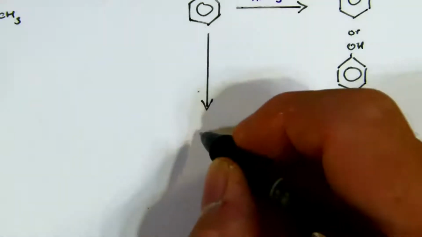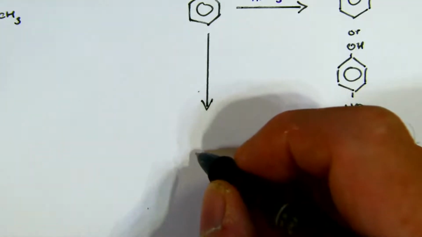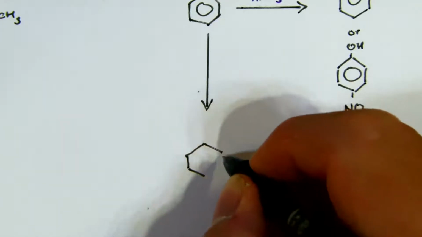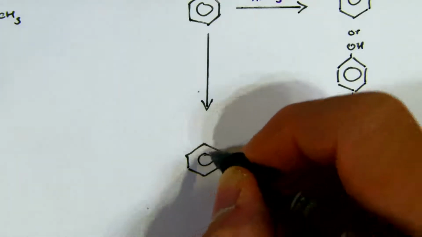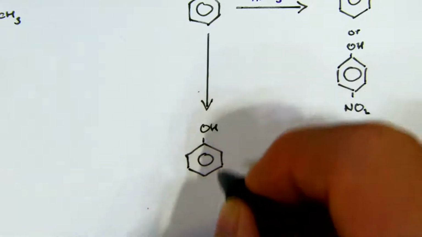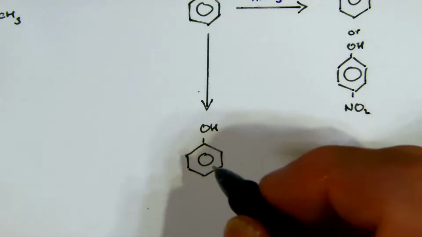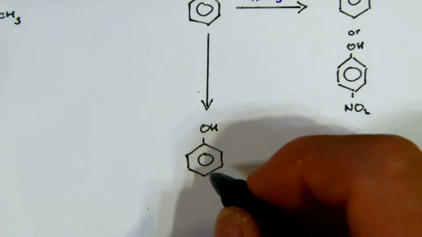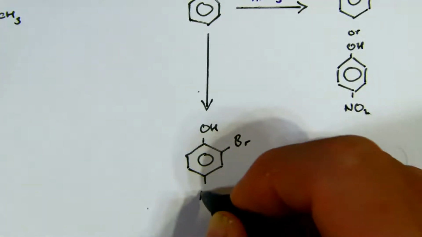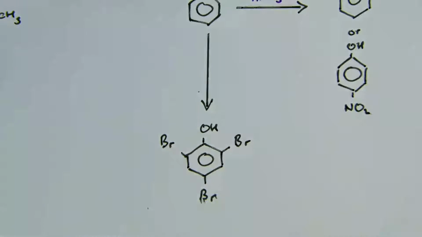And if I want to brominate this, then it's going to be much more fun. So we've got OH, and if I'm brominating it, then basically I'm going to get in at these 3 positions.